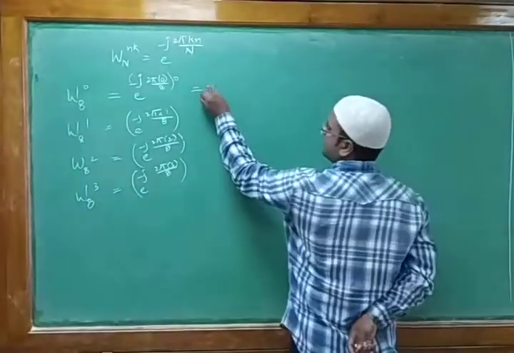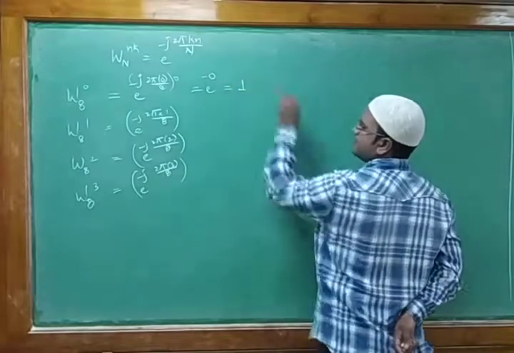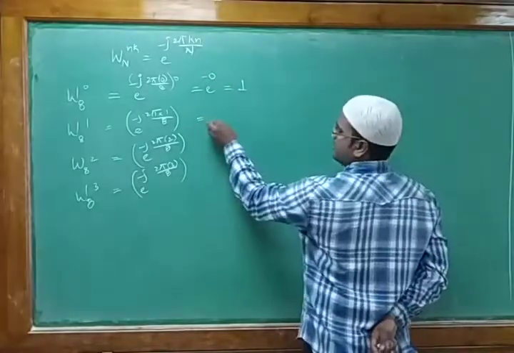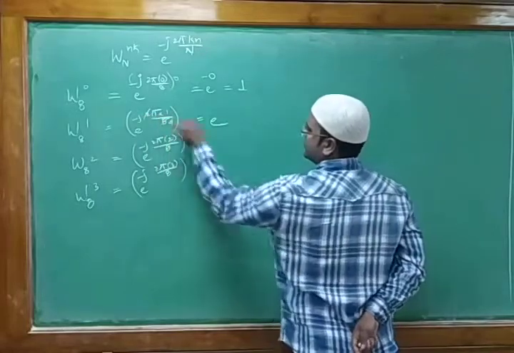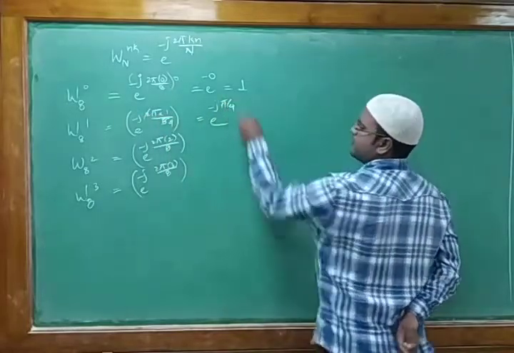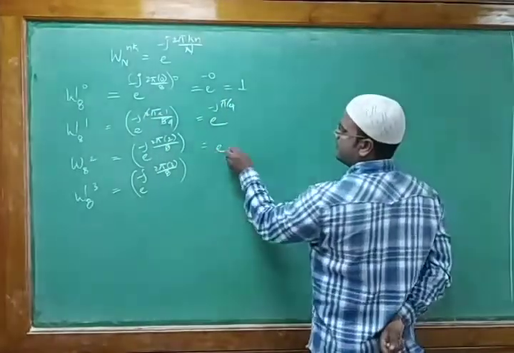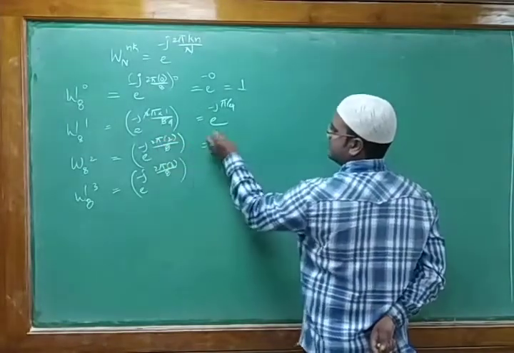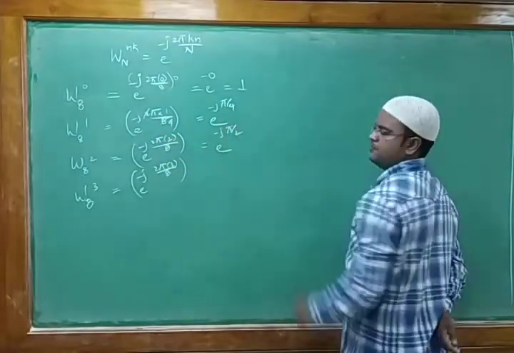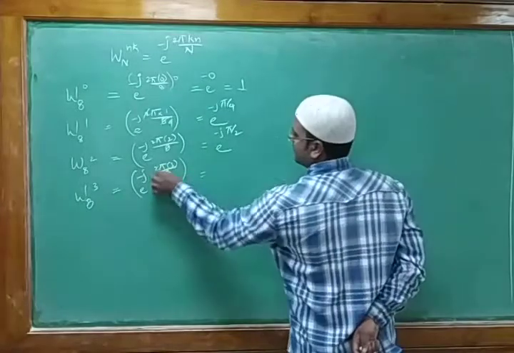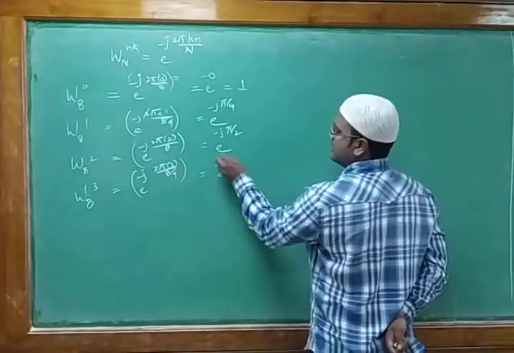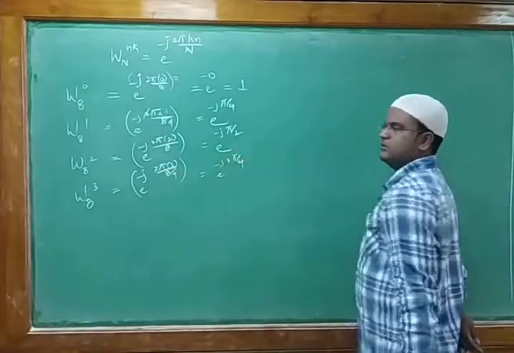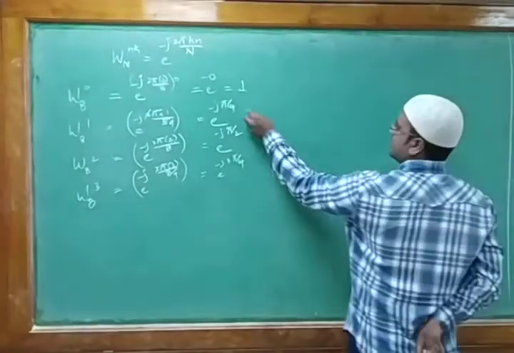E power minus 0 is nothing but 1. Here I can write e power, 2 1s are 2, 2 4s are 8, so e power minus j pi by 4. Here I can write 2 2s are 4, 4 and this will be cancelled, e power minus j pi by 2. Here, 2 1s are 2, 2 4s are 8, so e power minus j 3 pi by 4. So what is e power minus j theta? Cos theta.